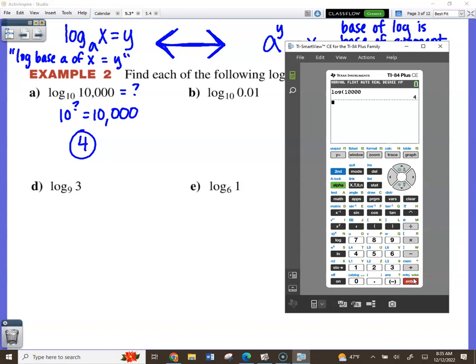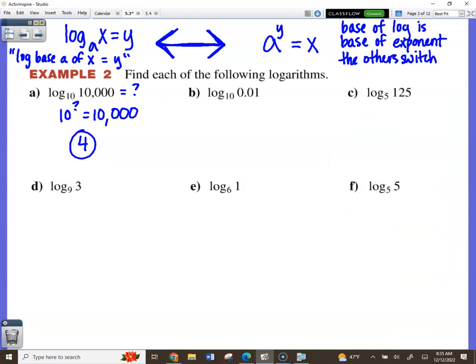So the next one, log of 0.01 is -2. And you might be wondering, how is that -2? Let's go back and look at our little conversions. If this is equal to something, I'm going to switch it to exponential. The base of the log is 10, the other two switch.